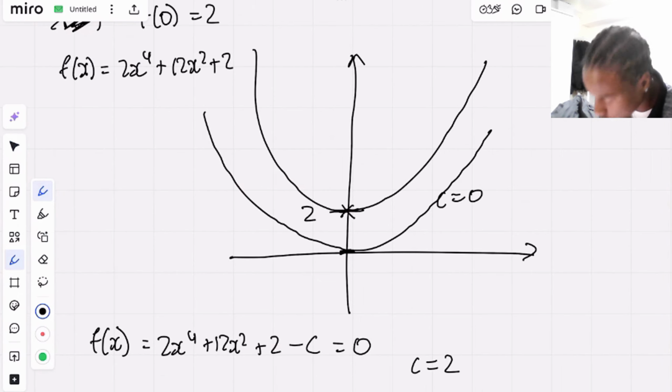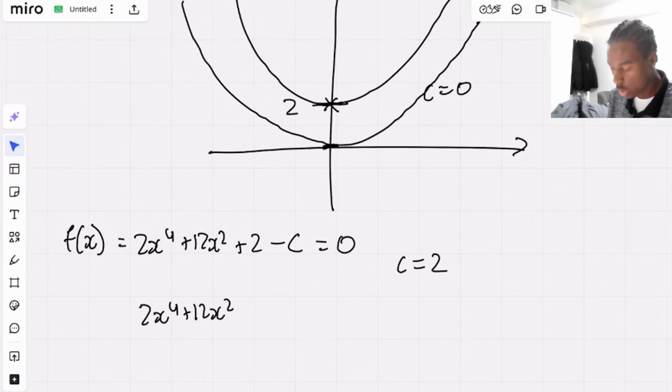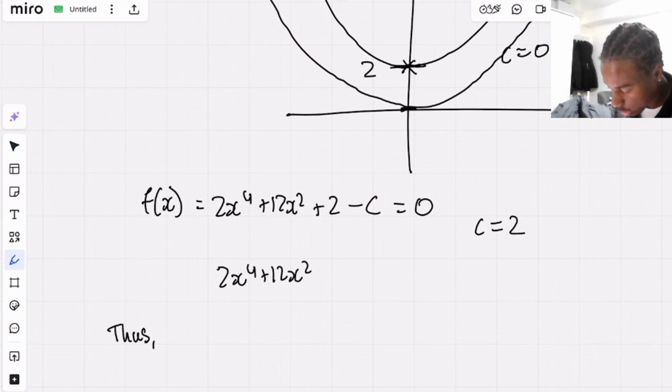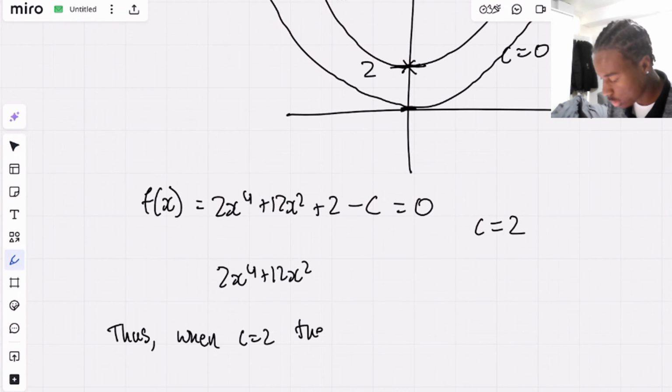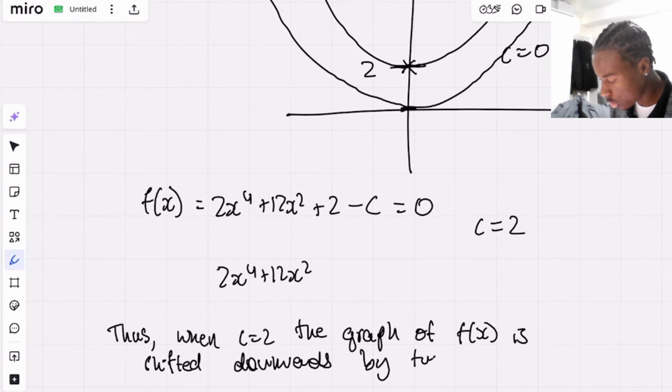That should pass through the origin. Okay, that's if c equals 2. Thus, when c equals 2, the graph of f of x is shifted downwards by 2 units.